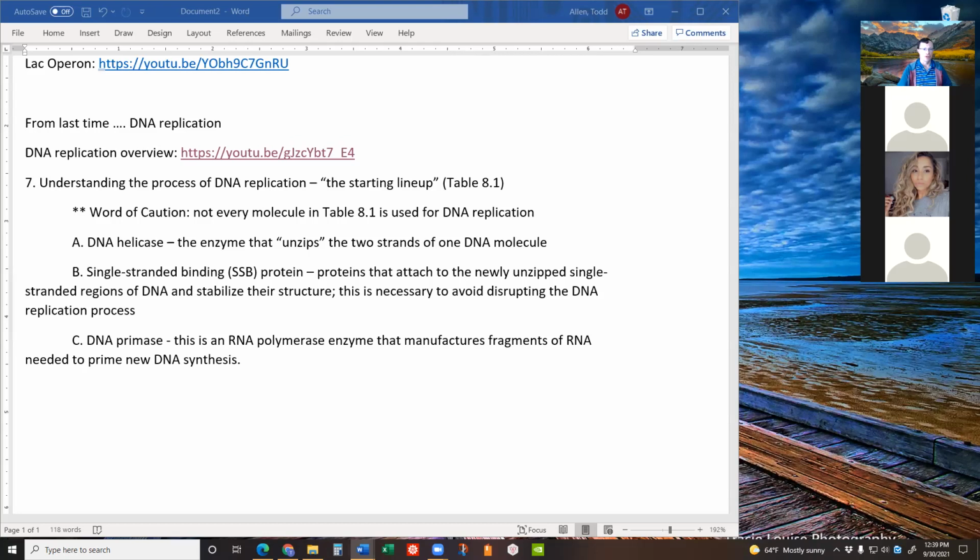Here's one more question. Do you think the helicase enzyme is consuming ATP to do its job?